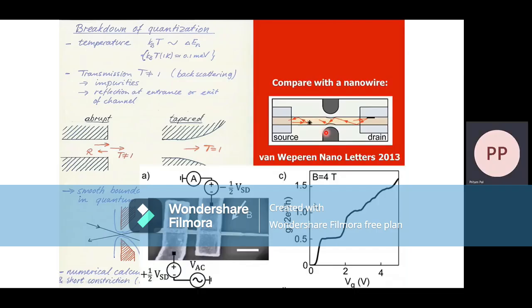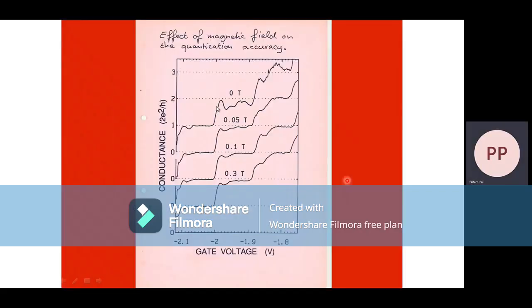So for nanowires, it's still possible to observe the conductance quantization, as shown in the graph, but a very high magnetic field must be applied to the device. The same goes for the two-dimensional electron gas. They found already back in the 80s that at zero tesla they could have a very disordered trace.